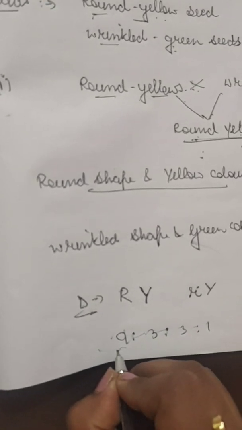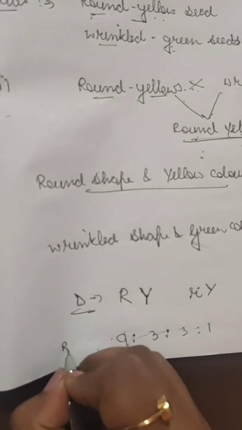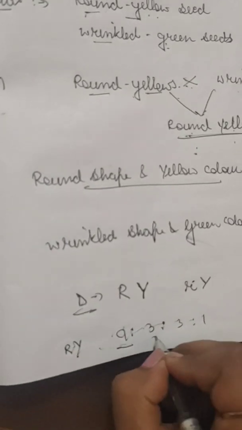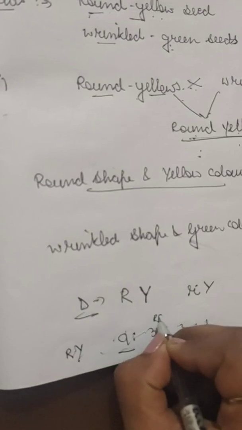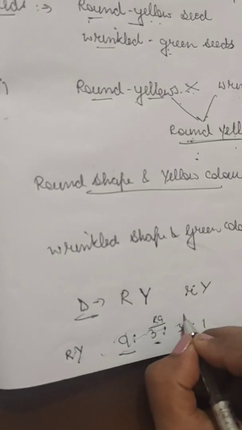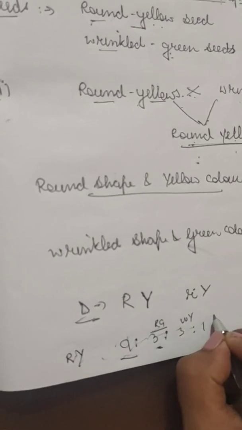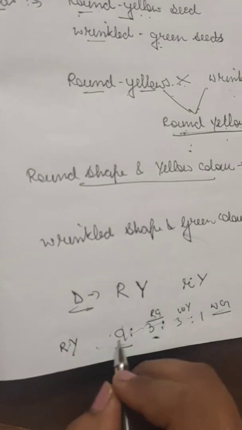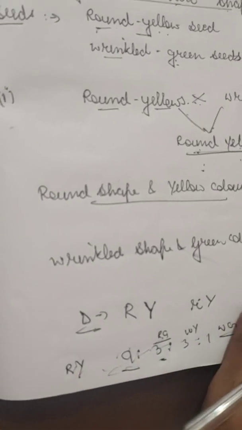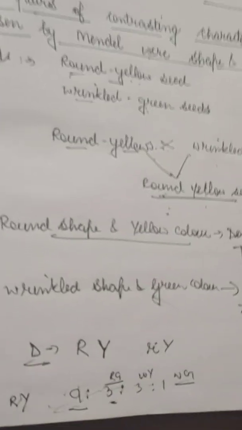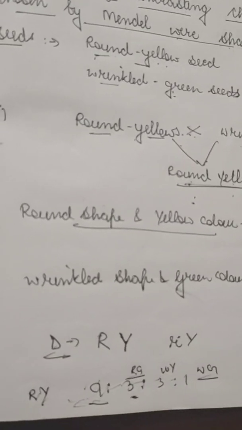That means some were round yellow seeds, some were round green seeds, some were wrinkled yellow seeds, and some were wrinkled green seeds. So in the second generation, Mendel got every type of seed but in a different quantity.